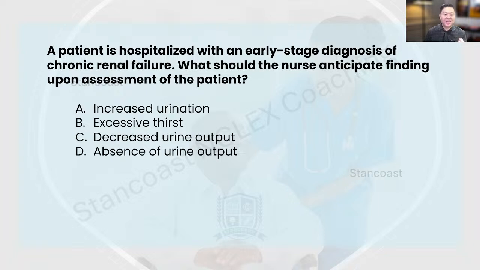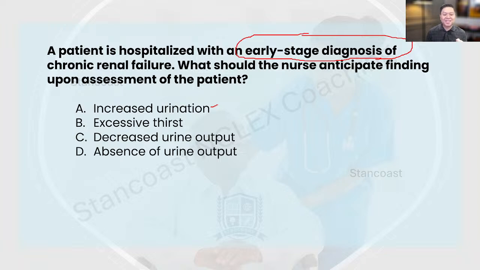They don't have that ability to reabsorb the water this time. So our patient now has polyuria. We're talking about early stage CKD. We're not talking about the diuretic phase of acute kidney injury. That is a totally different disease process. And so possibly letter A is the answer.